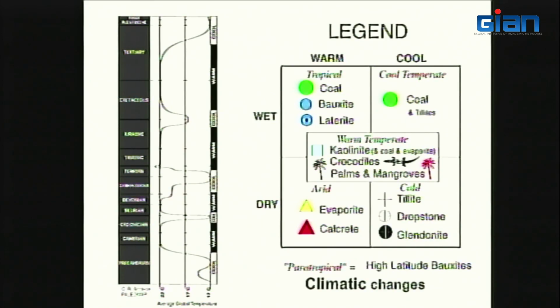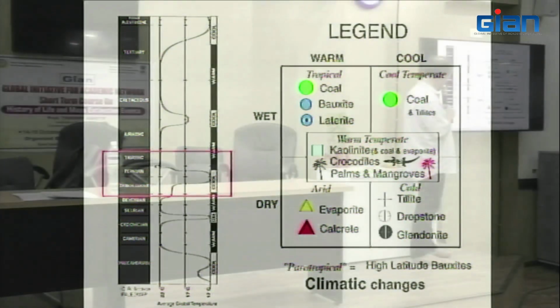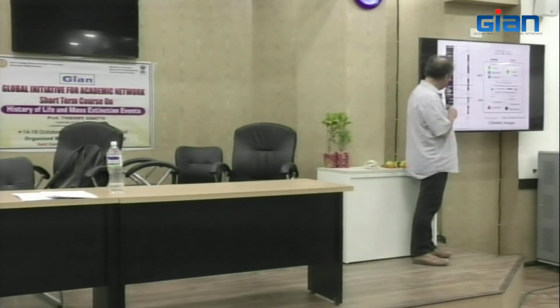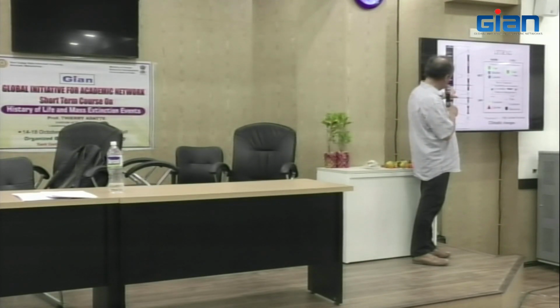Okay. Now, in terms of climate, because climate conditions were really changing during the Permian-Triassic. And here, this is a curve where you can see the average global temperature. And you can see something which is quite clear, and you will see it probably more in the Triassic.